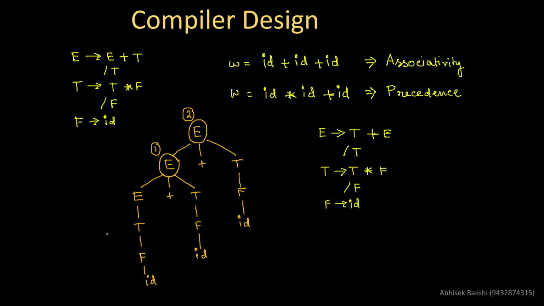For this particular grammar, obviously I can generate the string id plus id plus id, but if I want to generate the parse tree, it will look something like this, right?